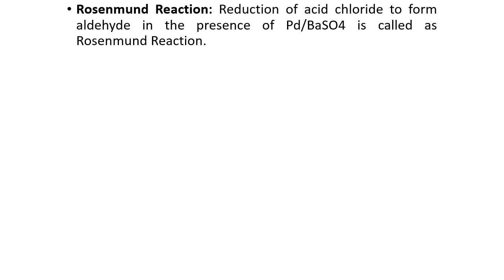So basically you know that acid chlorides are compounds with general formula RCOCl, and if we carry out hydrogenation of this RCOCl functionality in the presence of palladium and BaSO4, partial reduction takes place, and chlorine is replaced by hydrogen, so we get a hydrogen here.